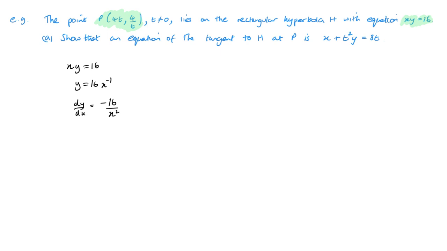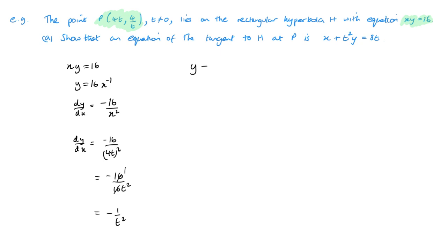Now we have to find the equation of the tangent, so the gradient at this point is minus 16 over (4t) squared, because that's what our x value is substituted in. So it's minus 16 over 16t squared. These cancel, so it's minus 1 over t squared.